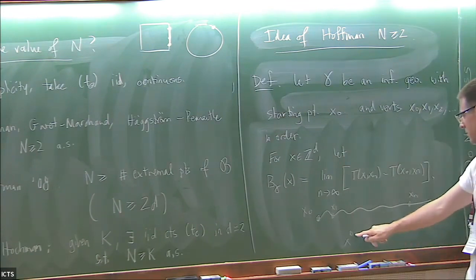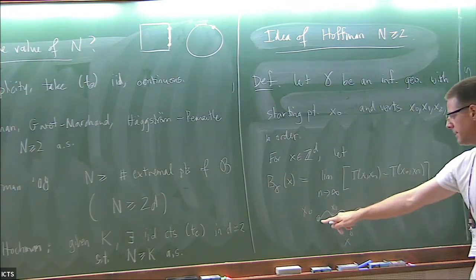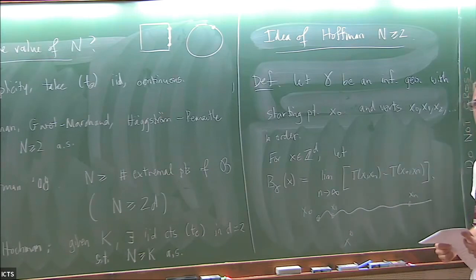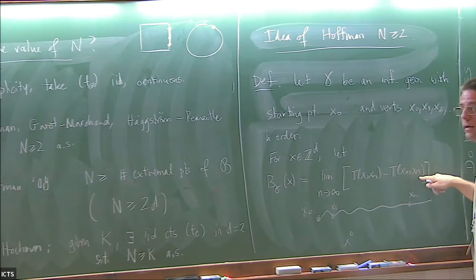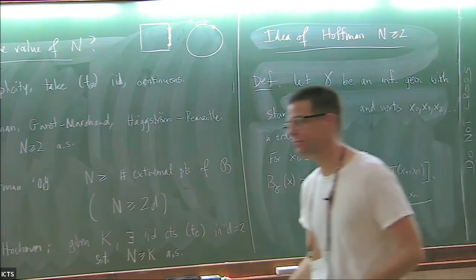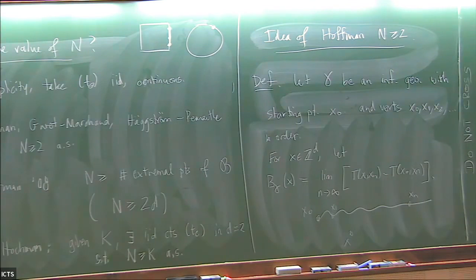So you look at the passage time from x to xn here and subtract the passage time from x0 to xn. Okay, so B sub gamma is the Busemann function, or possibly the negative Busemann function, for the infinite geodesic gamma.